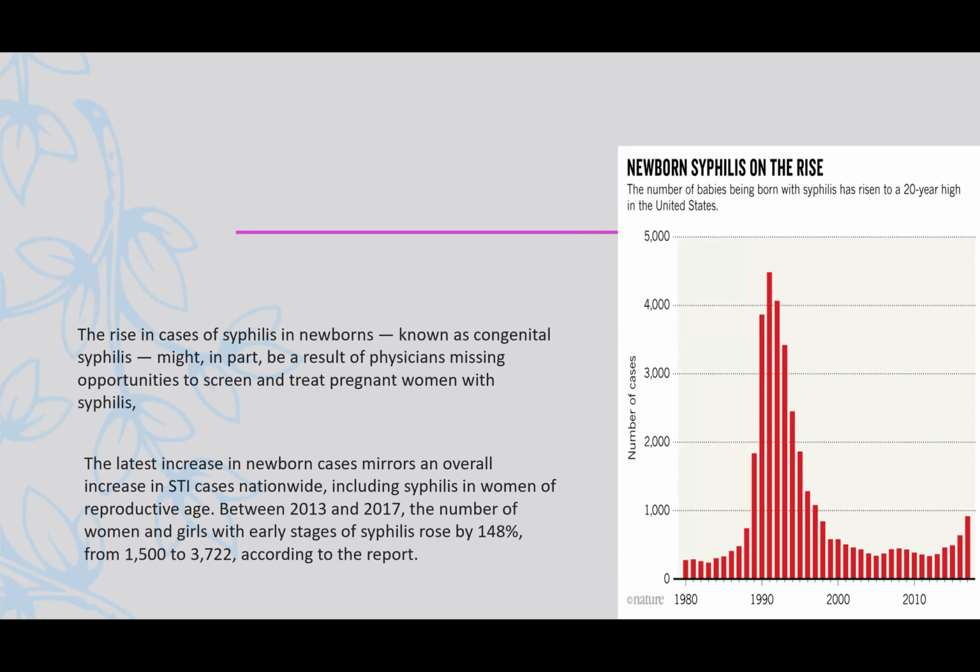The latest increase in newborn cases mirrors an overall increase in STD cases nationwide, including syphilis in women of reproductive age. Between 2013 and 17, the number of women and girls with early stages of syphilis rose by 148%, from 1,500 to 3,722, according to the report.